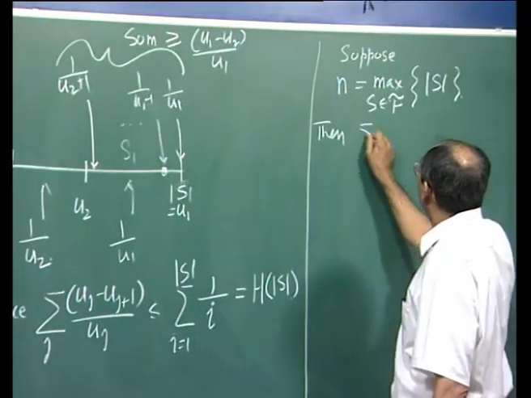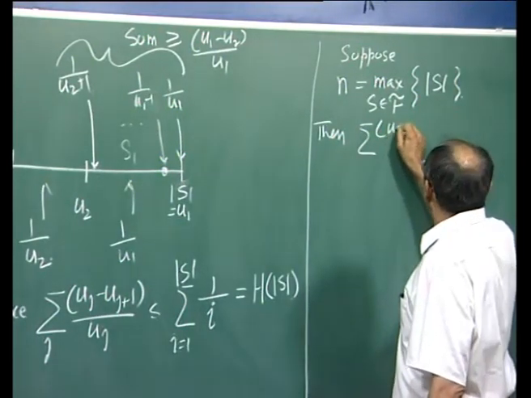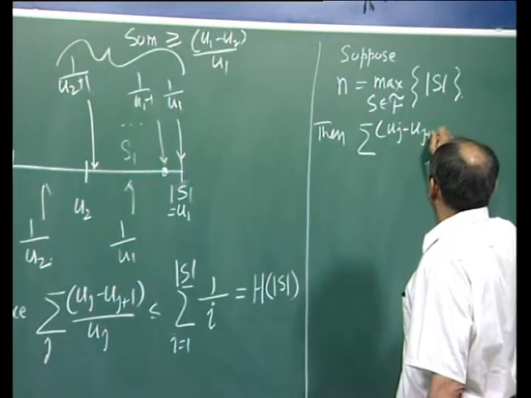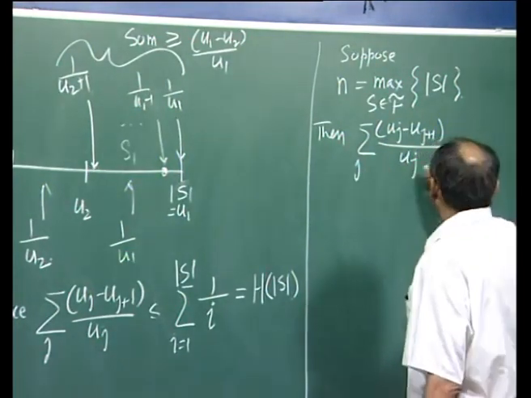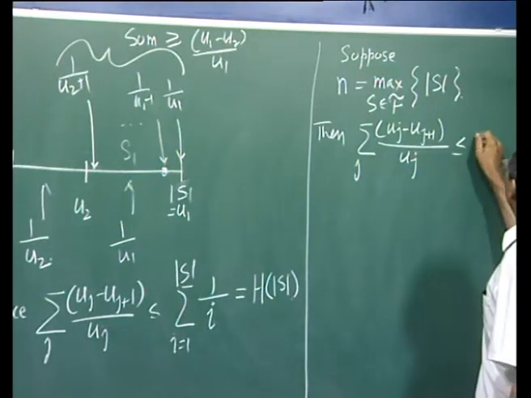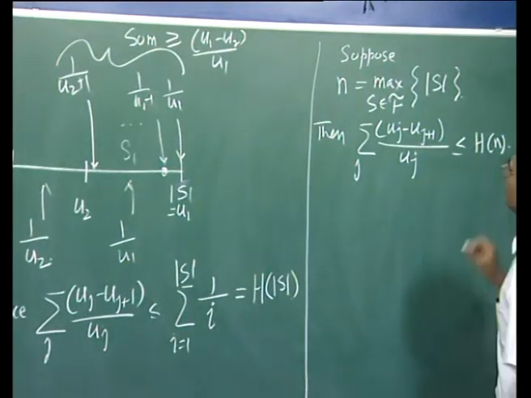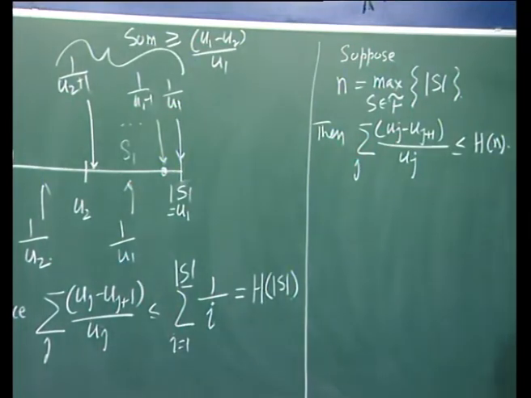Then we have the sum of (u_j minus u_(j+1)) divided by u_j is less than or equal to H(n).